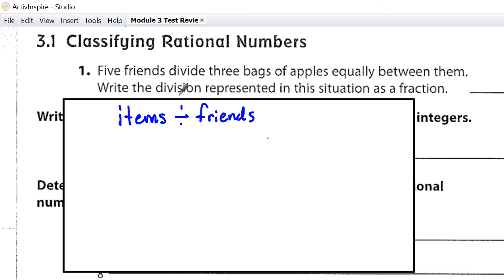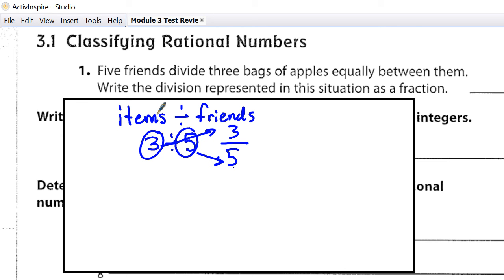Well, the items in this case are 3 bags of apples, and the friends in this case are 5. So the answer to this one's actually 3 divided by 5, and we can't compute that, so I'm going to take my dividend and make my numerator. I'm going to take my divisor and make it my denominator. 3 divided by 5 is the same as 3/5.